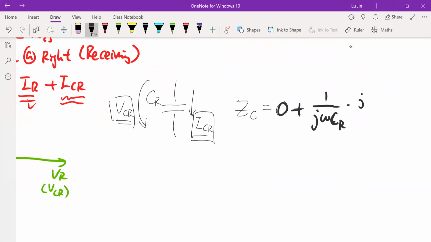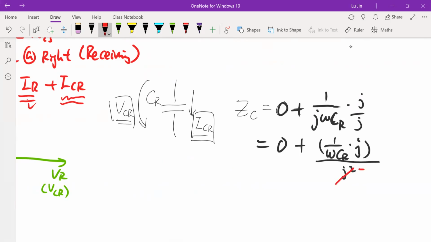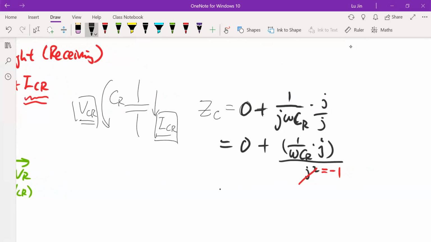We multiply J on top and bottom of the fraction, so it equals 0 plus 1 over omega CR times J divided by J squared. But J squared is equal to -1. So this gives us ZC equal to 0 minus J times 1 over omega CR.